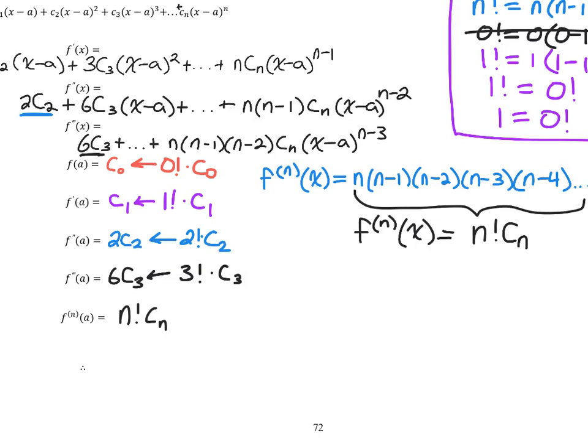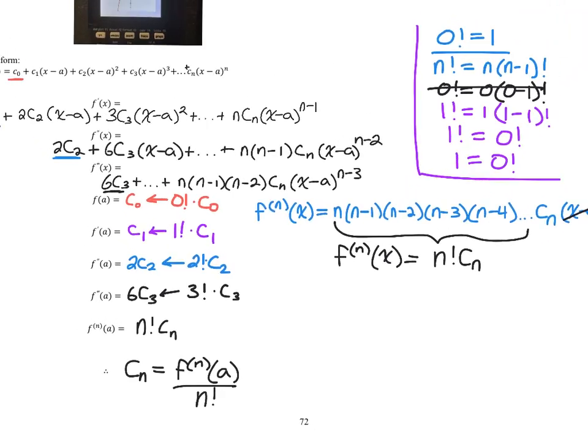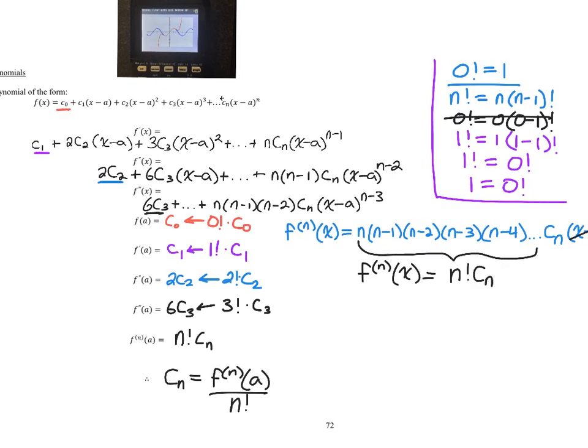So from this, we can solve for C sub n, which would give us the nth derivative of the original function at point a over n factorial. If you go right back to the original polynomial, this is our full-blown expansion.